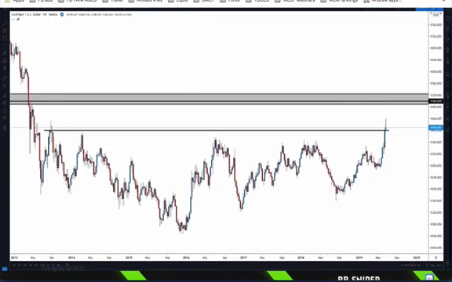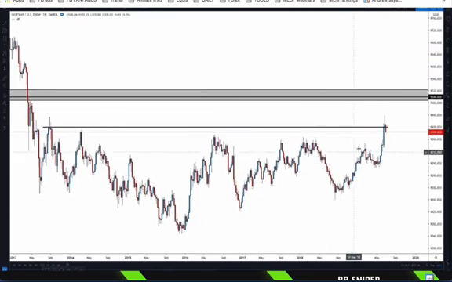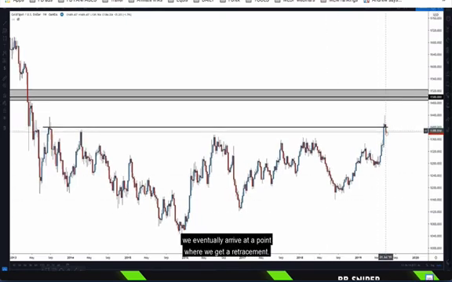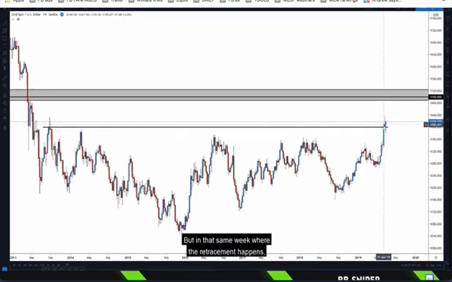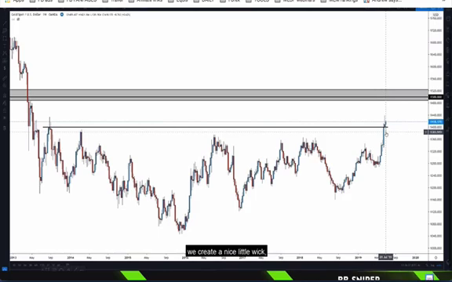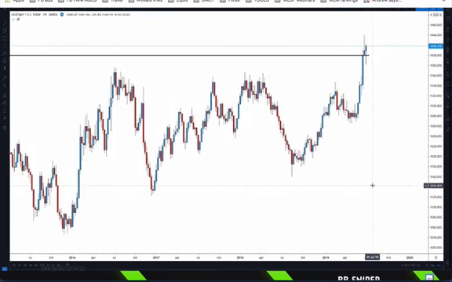As that week prints, we eventually arrive at a point where we get a retracement. But in that same week where the retracement happens, we create a nice little wick, come back to a bullish candlestick body.